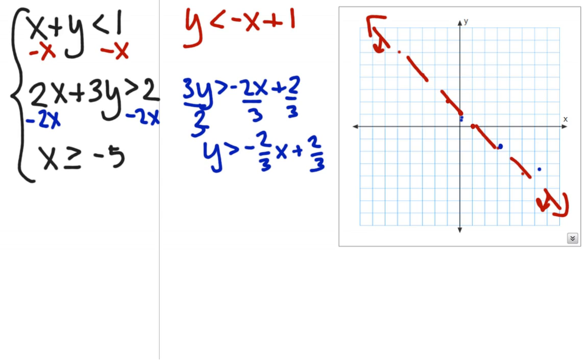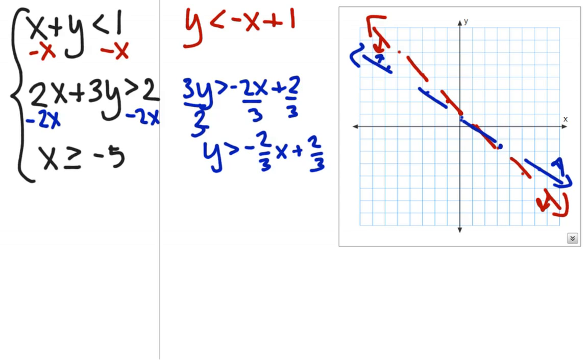We're up 2, left 3, should be about right there. Again, I'm trying to draw this in as straight as I can. Oops. And again, that's supposed to be dashed. So we'll fix that as best we can. There we go. Greater than, again, should be above. So right now we've got 2 of the 3 done.